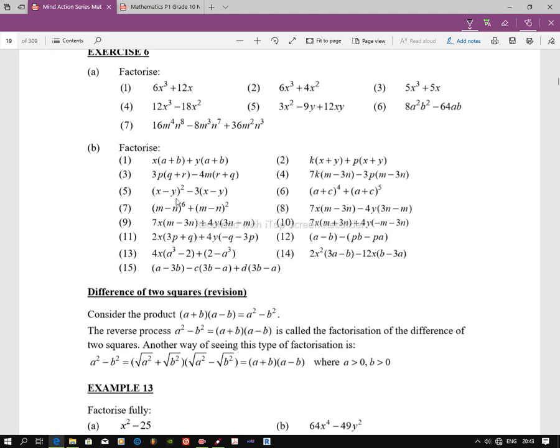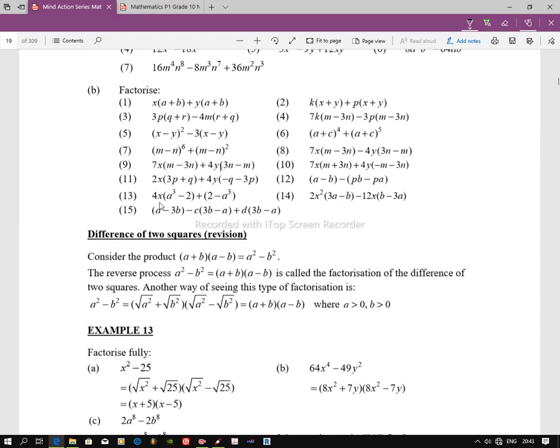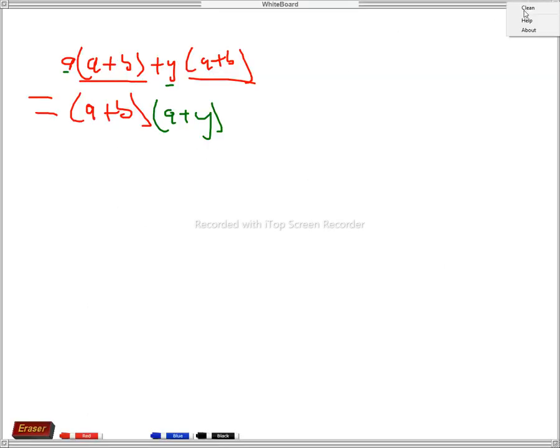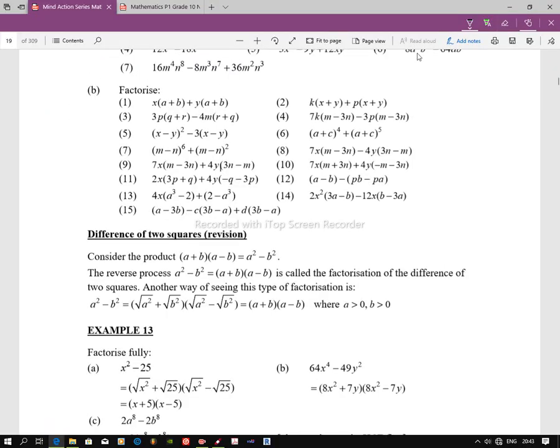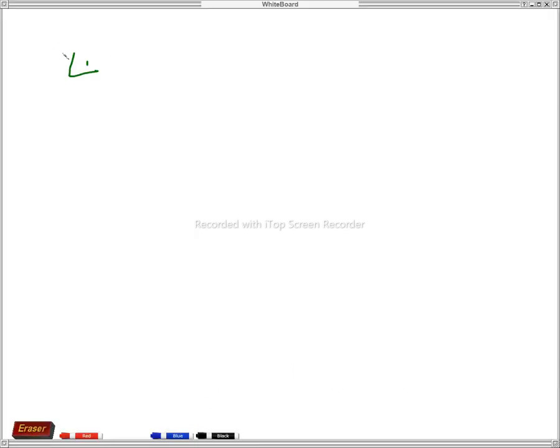Let me look at this. Which one can I take here? Let me just go for number 13. Number 13 is 4x squared a squared minus 2.